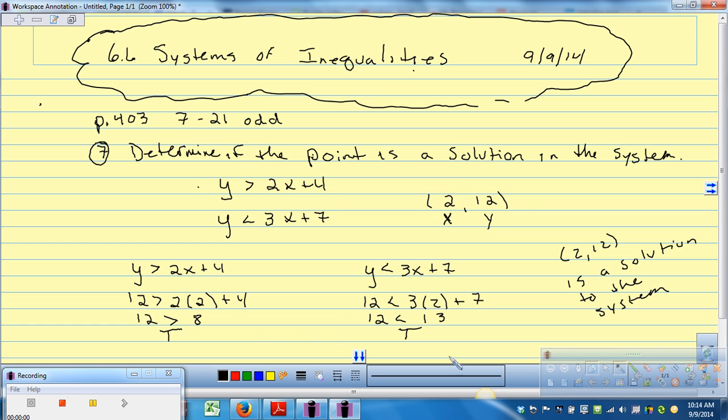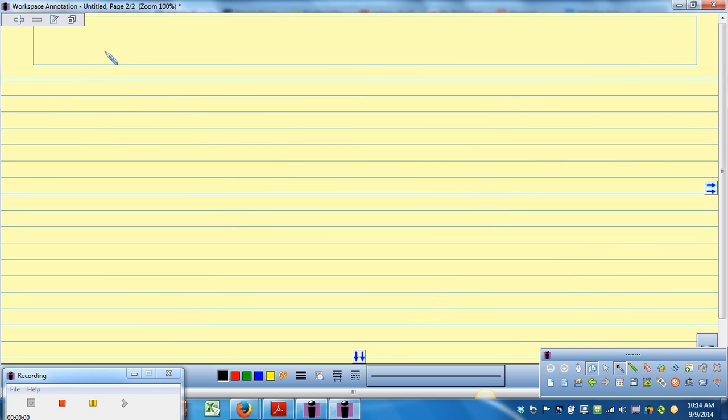All right. The next one I want to do is number 11. Again, write off your homework, so it's to your benefit to do it right now. Number 11 says solve the system.